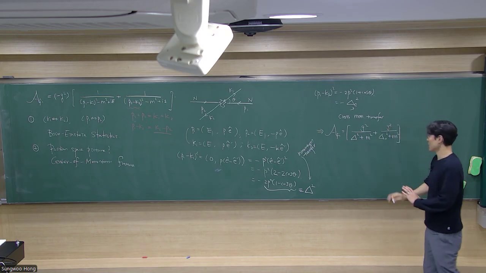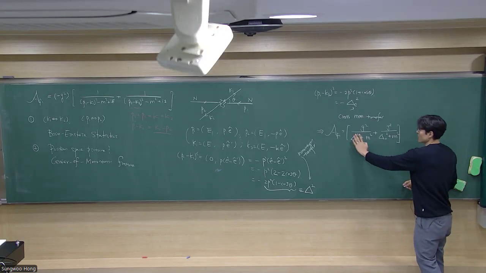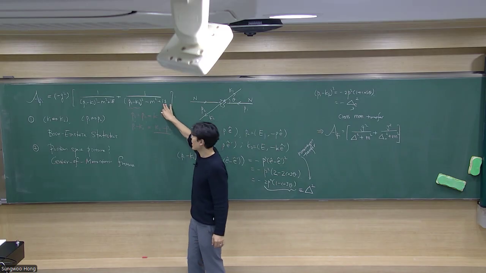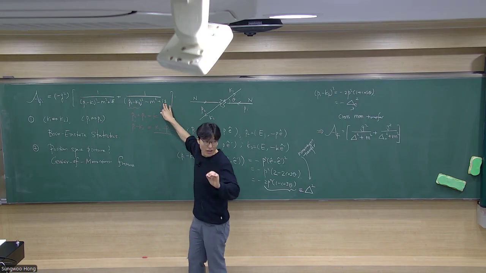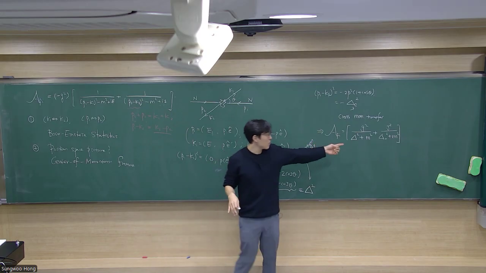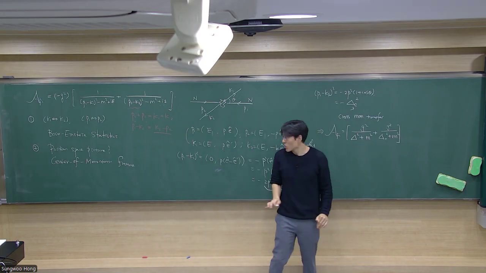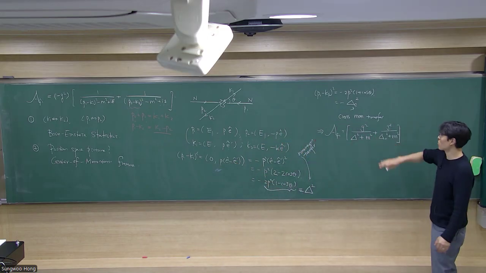Okay, so that's so far the answer. And I dropped the epsilon because this is a manifestly positive thing. And we throw in epsilon in case you hit the pole, where this becomes 0, so I wanted to regulate it momentarily. That's why we introduced epsilon. But since this is now a manifestly positive denominator, I don't have to do that. Okay, good. So that's what you can compute in the center of momentum frame.